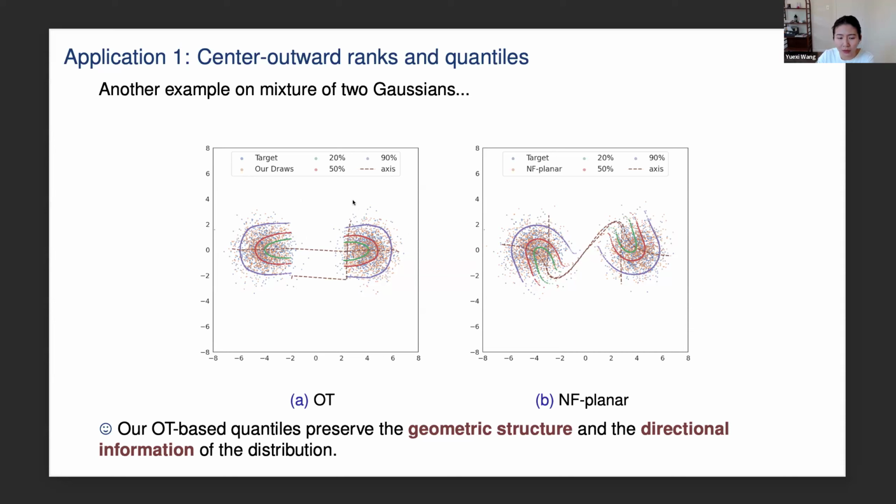The transformed sine curves also show how the probability mass was split, while for normalizing flow in this case, you can see more obviously distorted directional information. So compared to other transport map methods, our OT-based quantile preserves the geometric structure and also the directional information of the distribution.